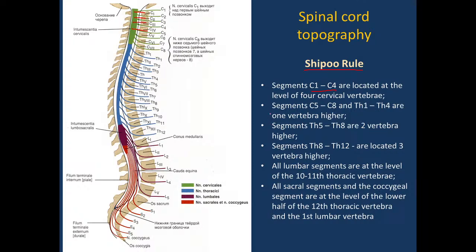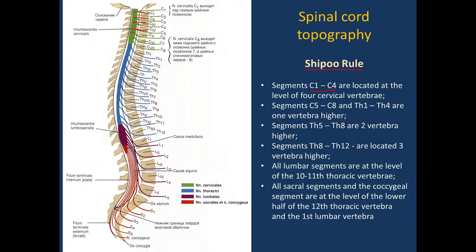Then segments from 5 to 8 of the cervical segments, and from 1 to 4 thoracic segments, are located 1 vertebra higher.